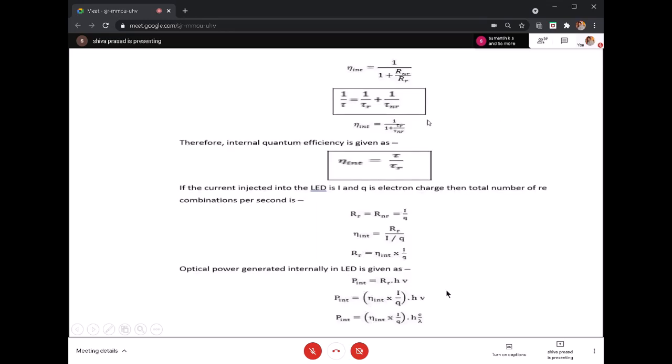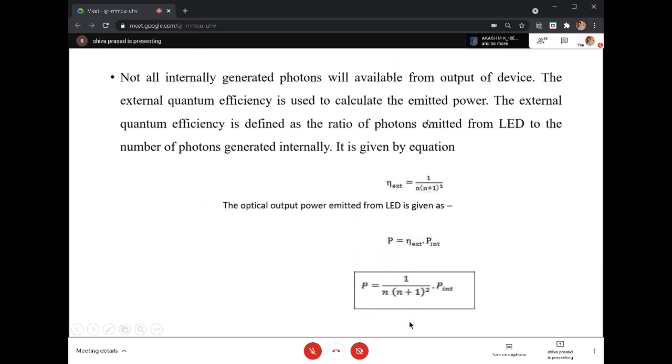That will be the final expression for P internal, the power generated within the LED.